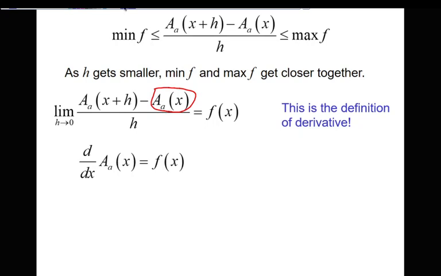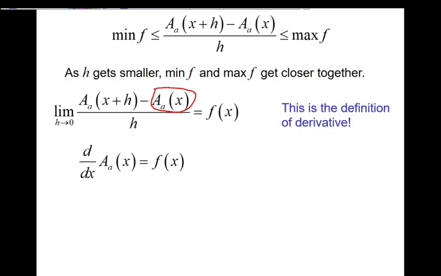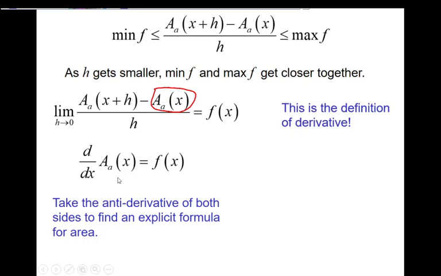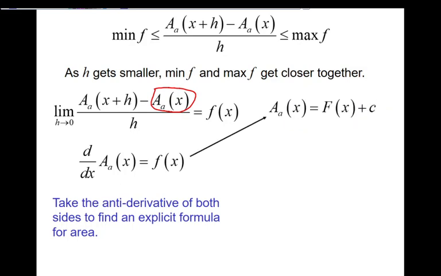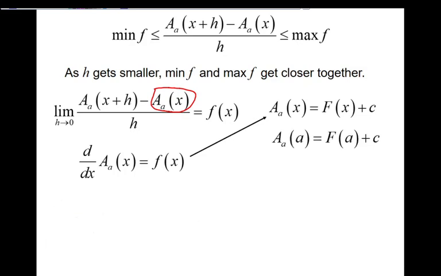Well, but I don't want the derivative of the area. The opposite of the derivative is the antiderivative, and the antiderivative of little f is capital F, plus there could be some constant. Now my initial value, just like when we solved for c before, is a.